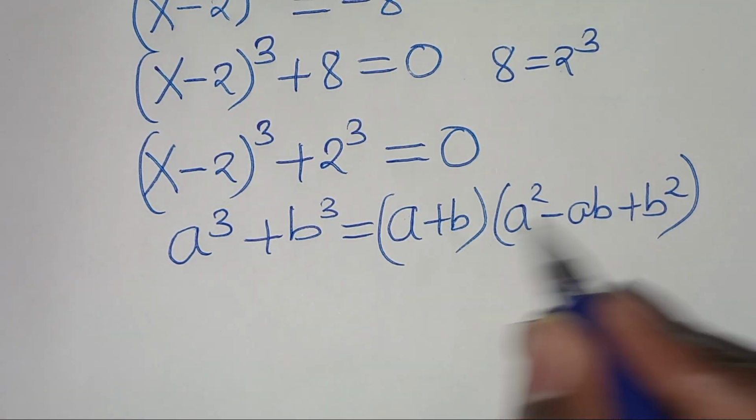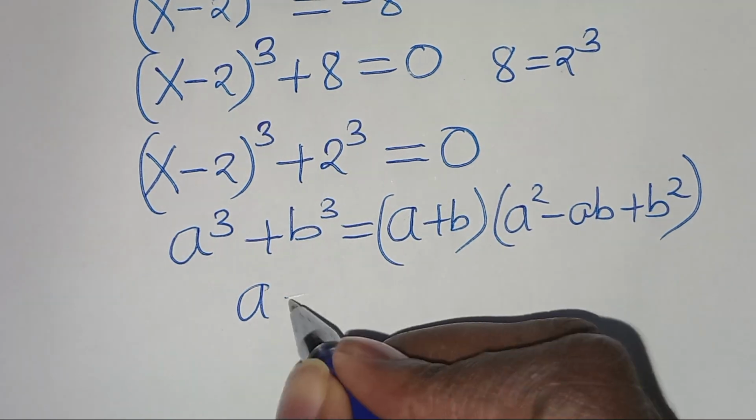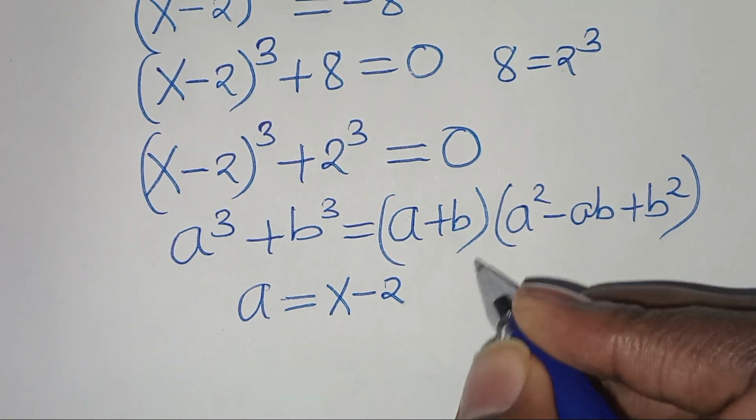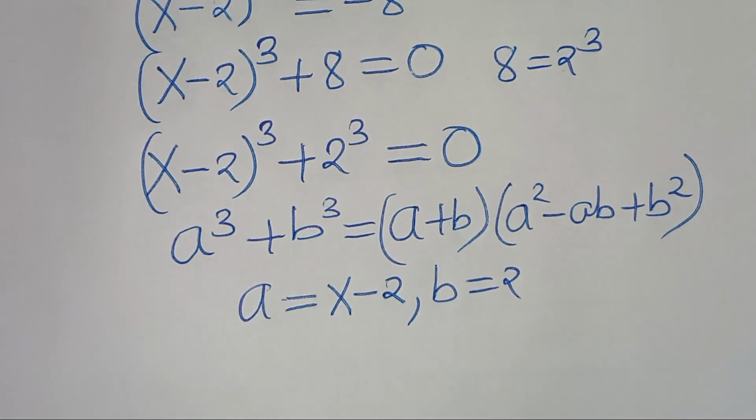Applying this identity from here, this implies that a is equal to x - 2, and we have that b is equal to 2.